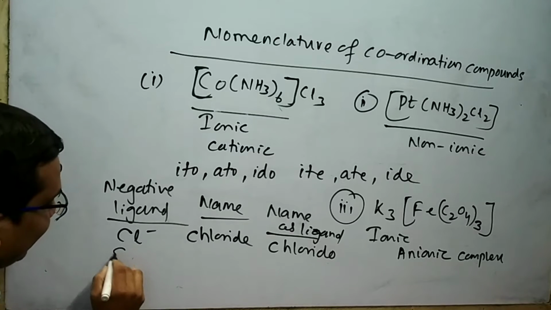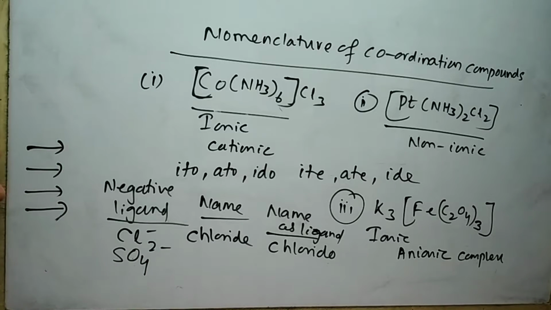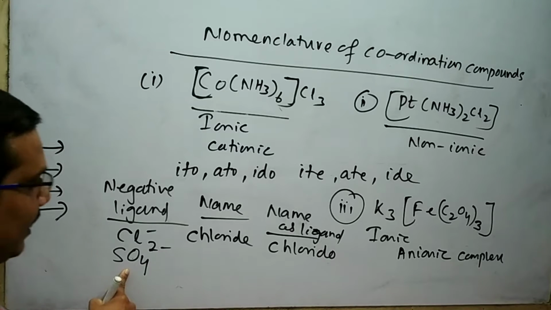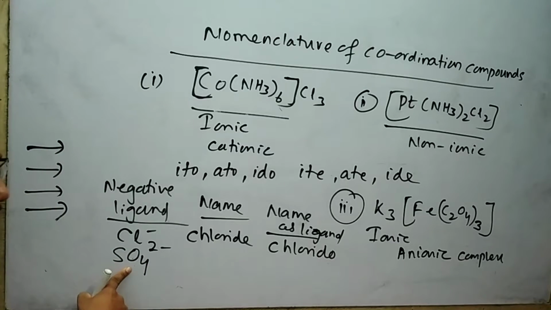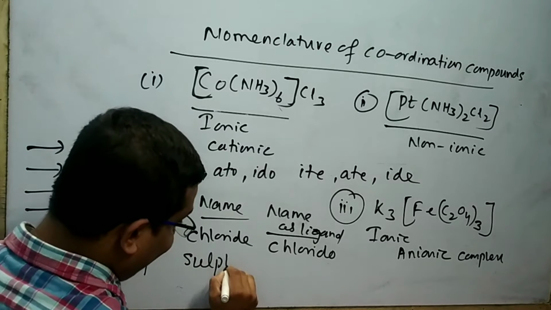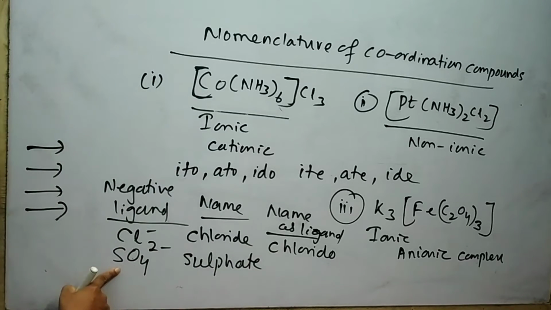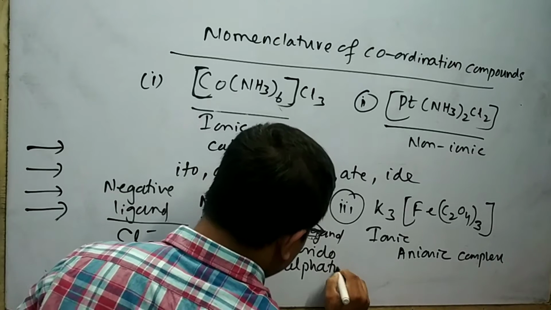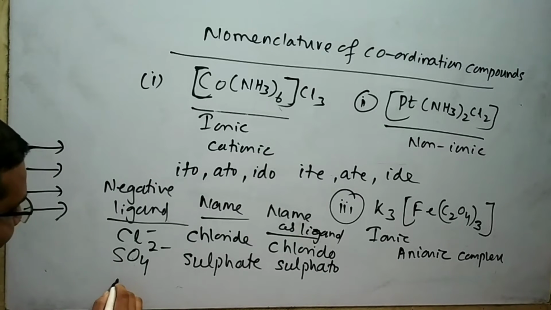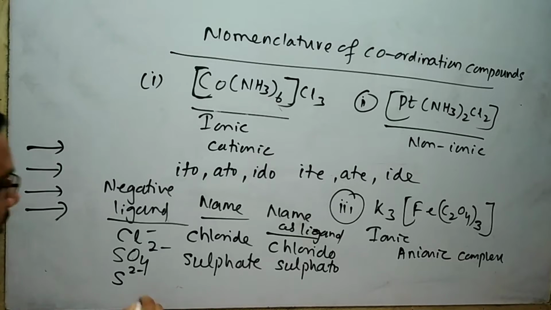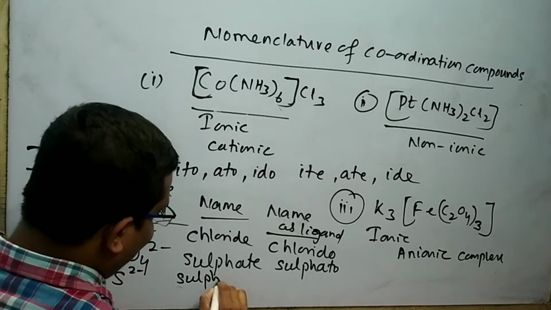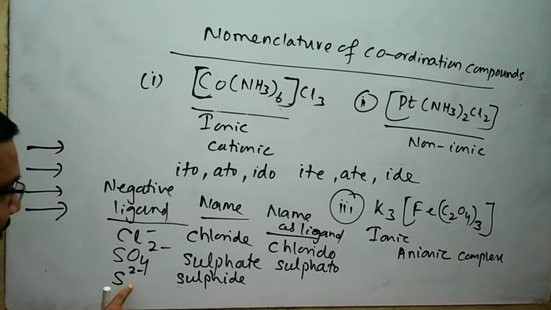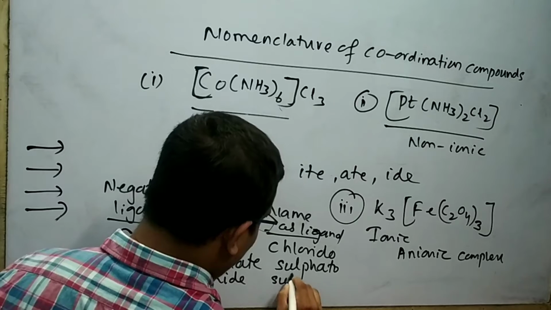Like that, suppose I take SO4 2−. This is also a negative ligand. The name of this negative ligand is sulfate. If this negative ligand is used as a ligand, then I can write sulfato. Similarly, suppose I take S2−. This is said to be sulfide, and if it is used as a ligand, then it is named sulfido.